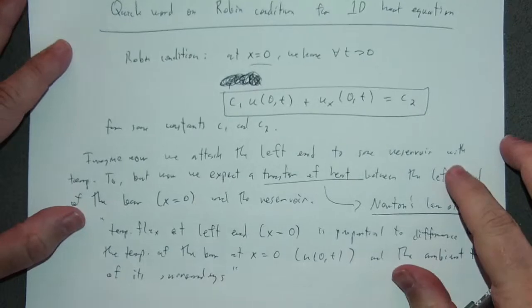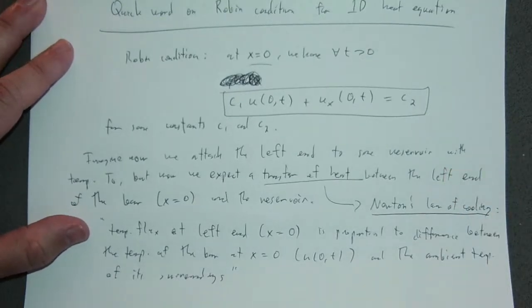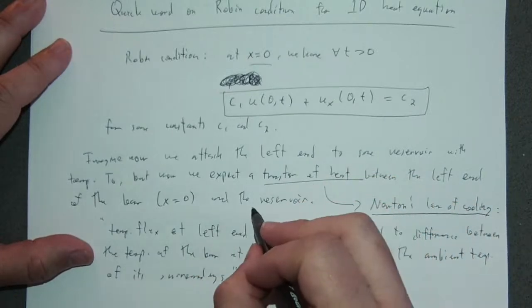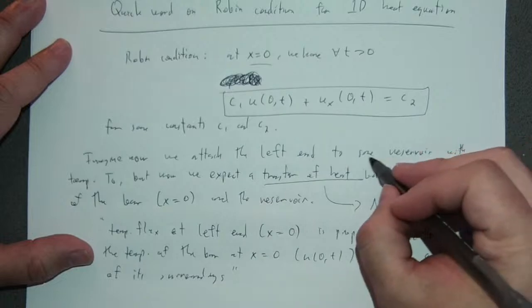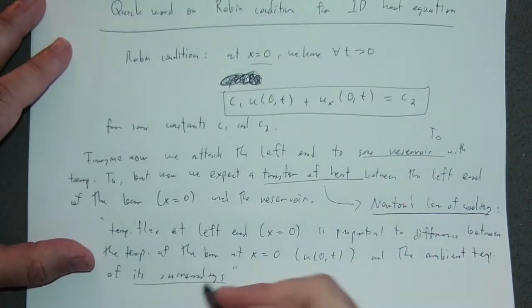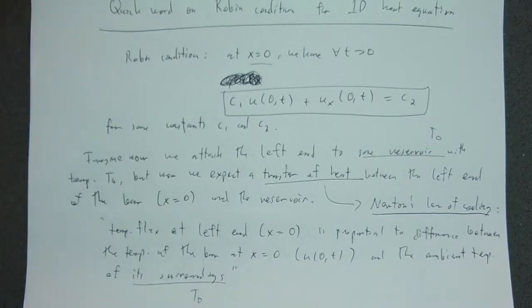Of course, we'll say for the purpose of this that this reservoir has temperature T naught. So its surroundings, this ambient temperature, is T naught.